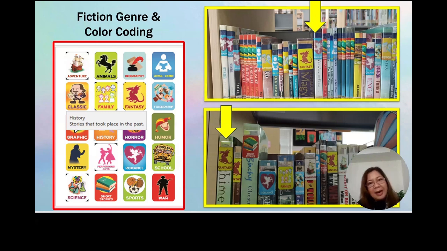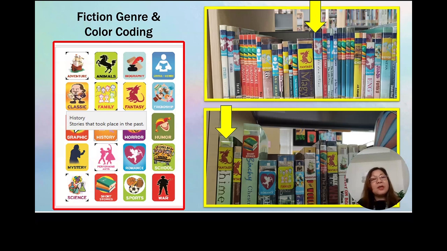You can look at the spine and see the sticker that represents the genre that you're looking for. So it will be a lot easier for them to source and identify the book.